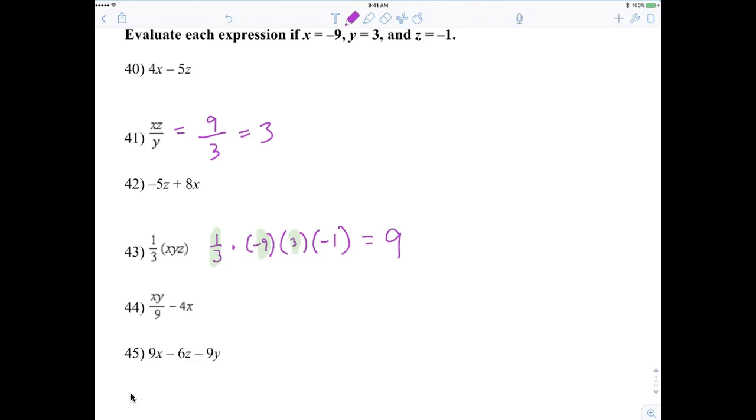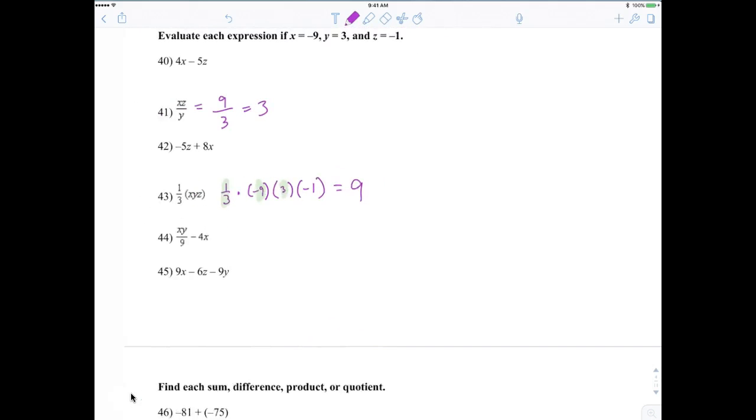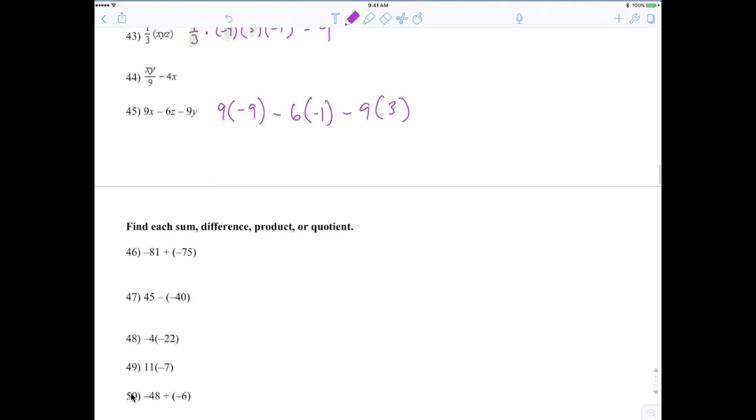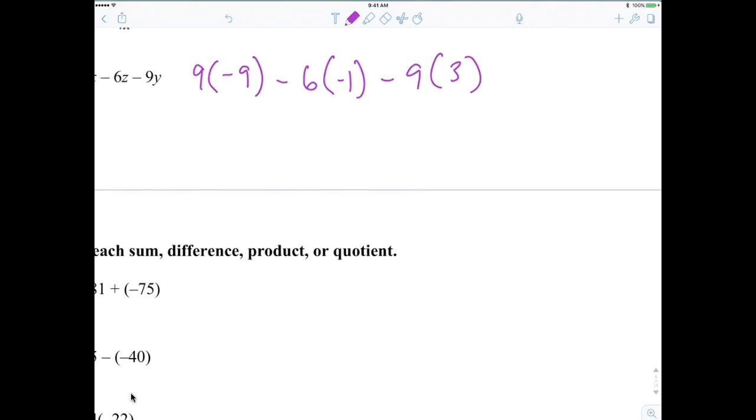All right. Let's take a look at 45 now. So again, 9 times x minus 6 times -1 minus 9 times 3. All right, so being careful with that. 9 times -9 is -81.